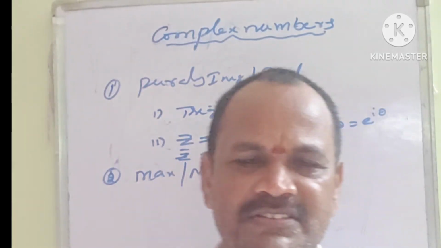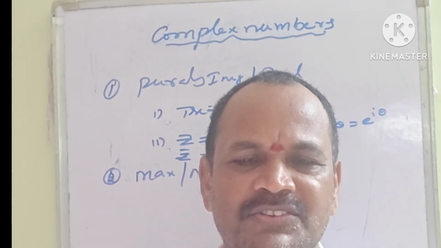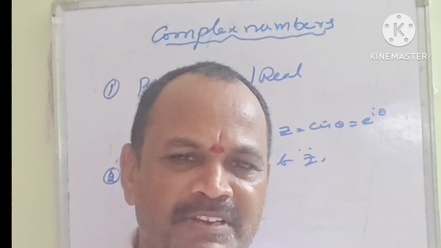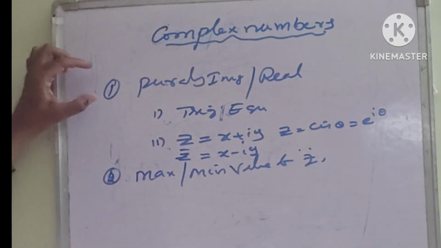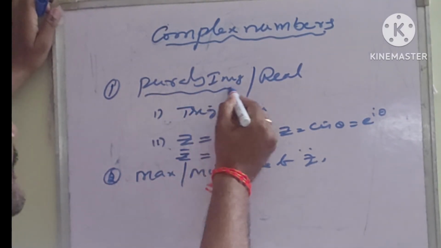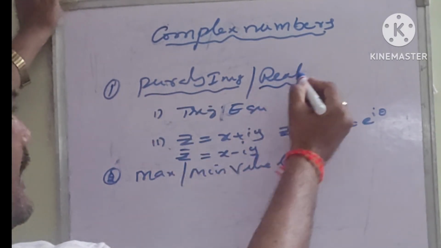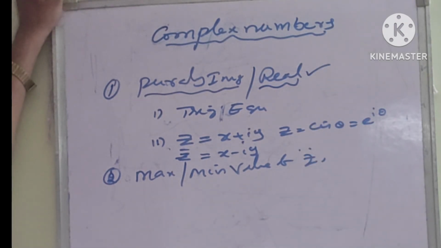Complex numbers, the easy topic. Complex numbers is divided into two areas. One is purely imaginary and real parts is given.